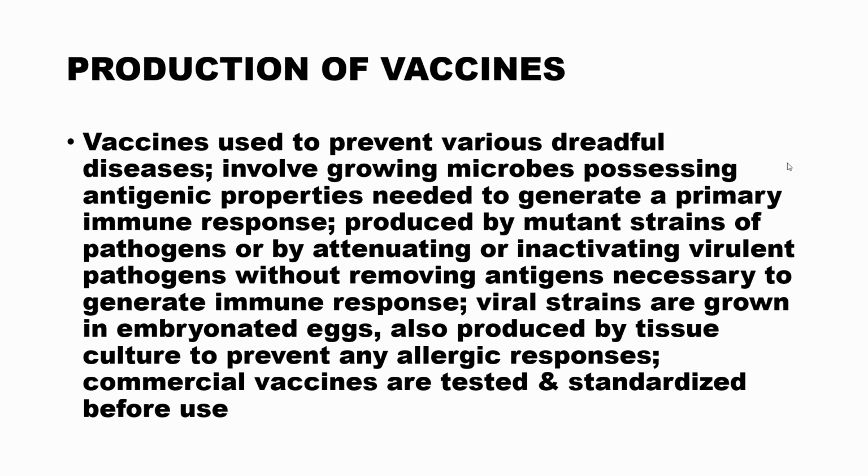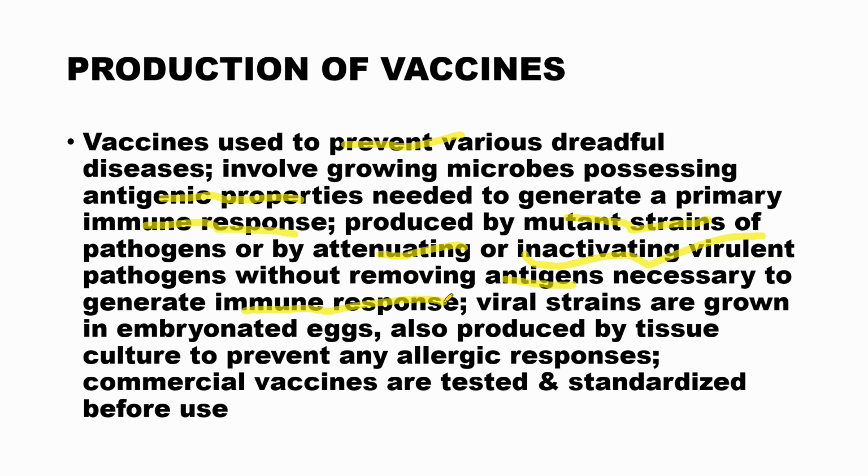Fine? Good. So, now we are going to our topic very fast. Vaccines are used to prevent various diseases, and involve growing microorganisms possessing antigenic properties needed to generate a primary immune response, produced by mutant strains of pathogens or by attenuating or inactivating virulent pathogens without removing antigens necessary to generate an immune response.